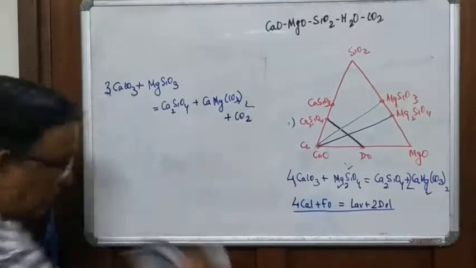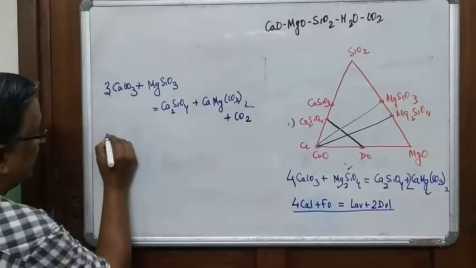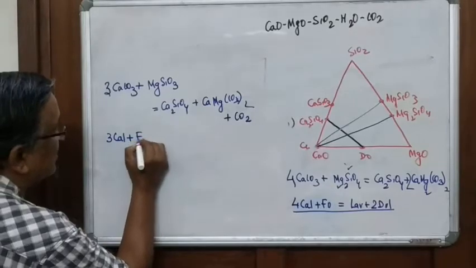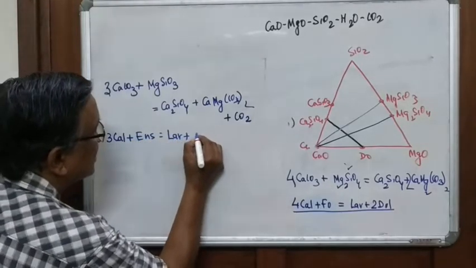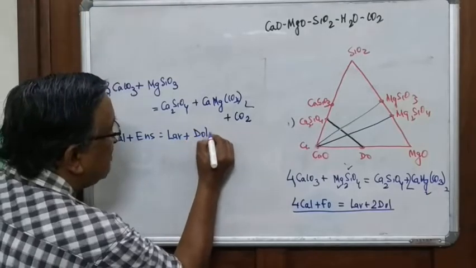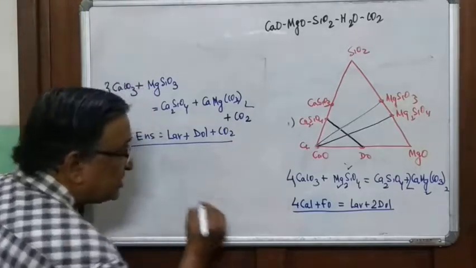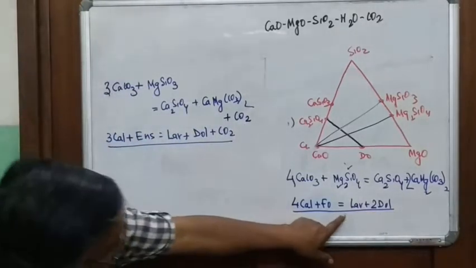So you can see this reaction now gives you a different thing. It gives you 3 calcite plus enstatite is equal to lornite plus dolomite plus CO2. Now you see the 2 reactions are completely different. This is a fluid-free reaction.